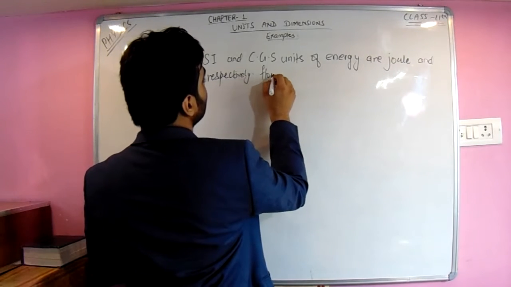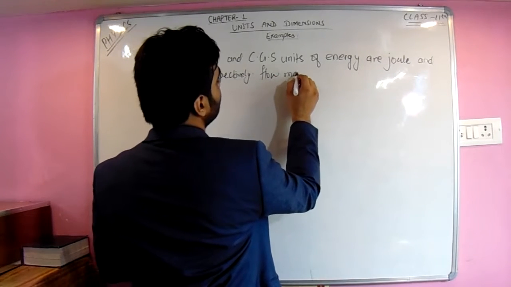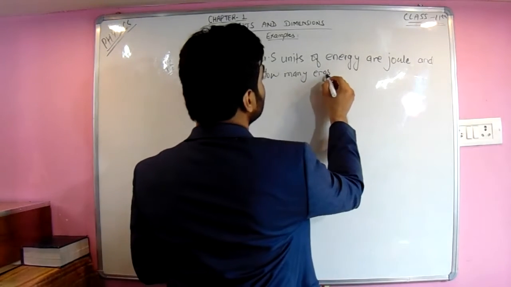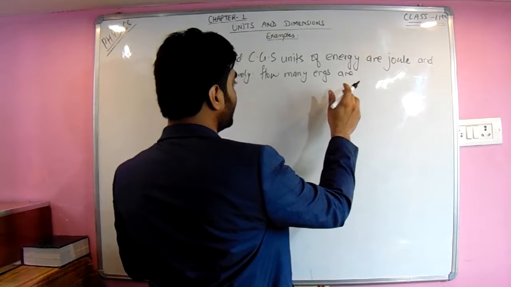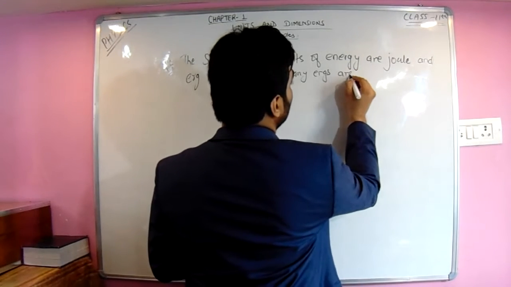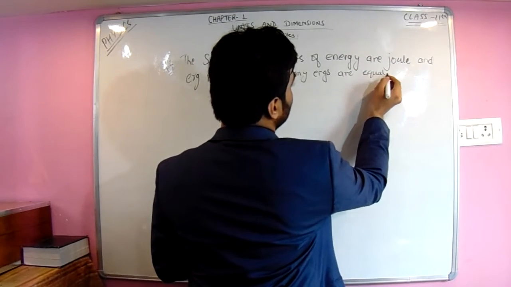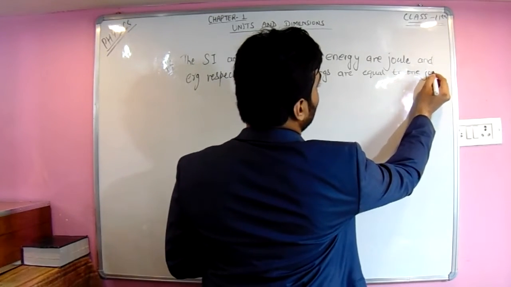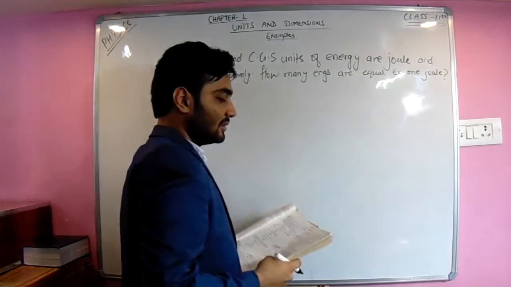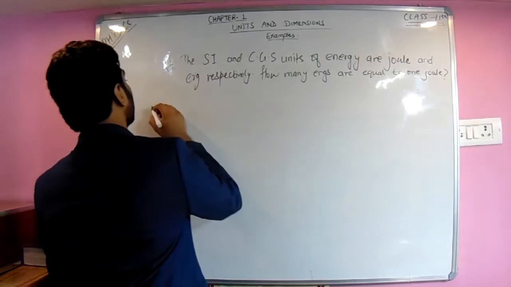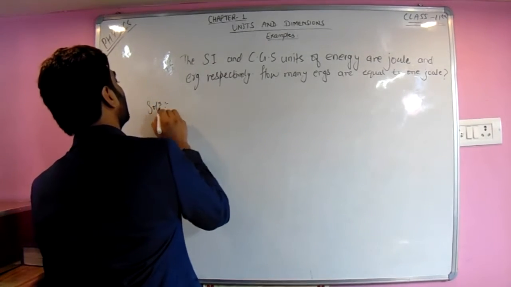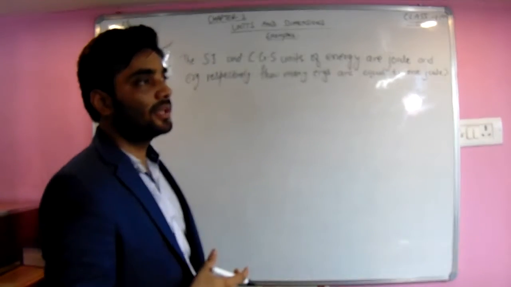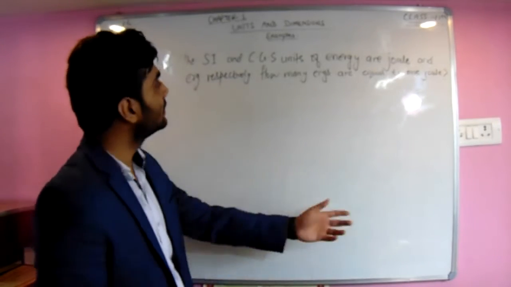How many ergs are equal to 1 joule? What is the meaning of this question? And what type of knowledge can we get here?